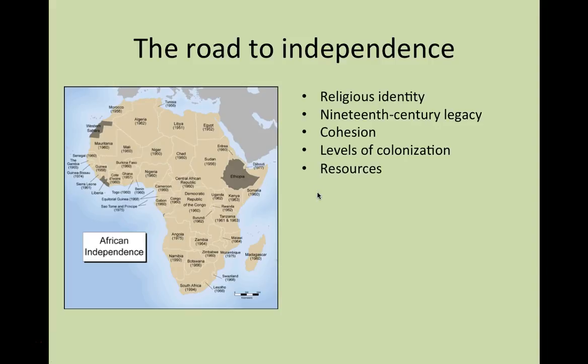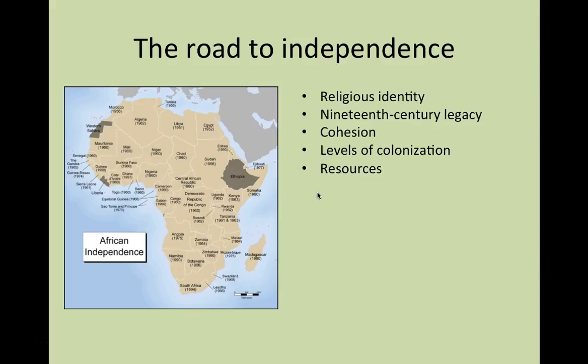Resources also. Europeans wanted to keep their access to resources, things like minerals and agricultural products, and so they tried to negotiate independence, to grant independence on terms that would be favorable to them, and sometimes this backfired and there was a backlash against them.